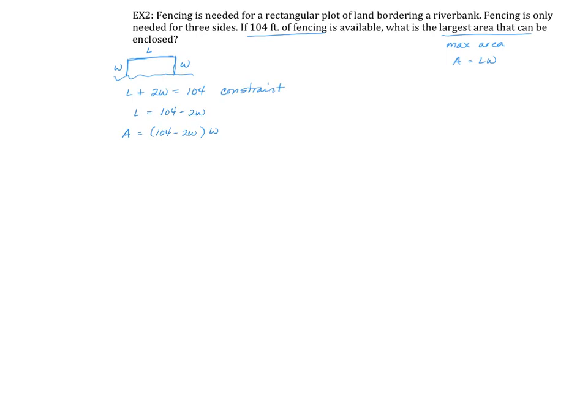Well, the area can't be negative. And look, it's already factored on the right-hand side. So if we look at W, it's either going to be 0 or 52. So W has to be in the interval from 0 to 52.